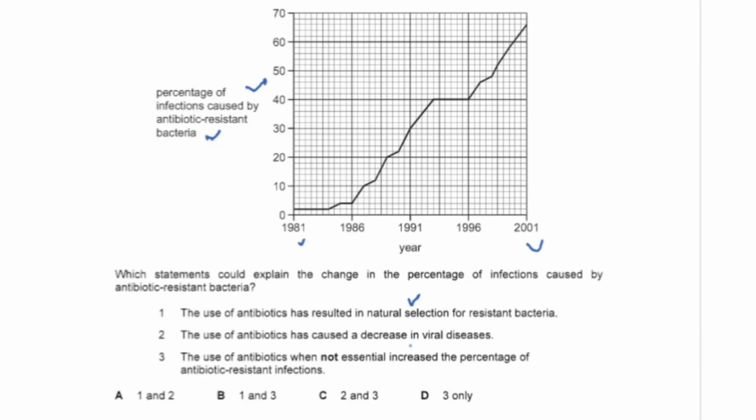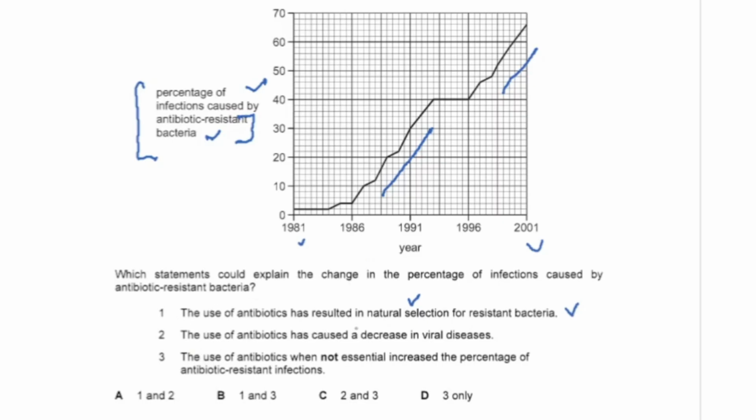The use of antibiotics has resulted in natural selection. How did you know that? If you look at the percentage of infections caused by antibiotic-resistant bacteria by natural selection, now it has increased. So I think option number 1 is very correct. Okay, so it has increased over the years. 1981, it kept on increasing and increasing. So option A, the first statement, is correct.